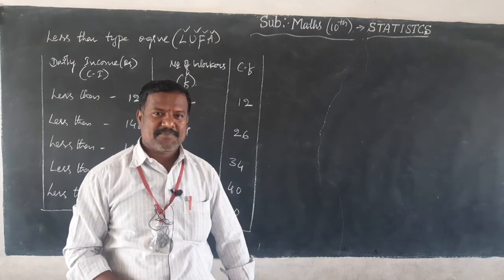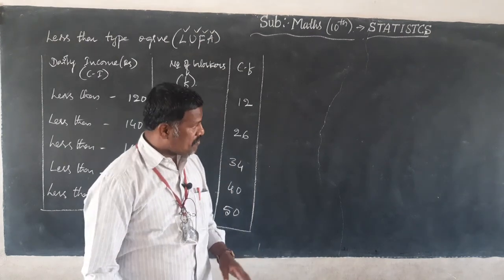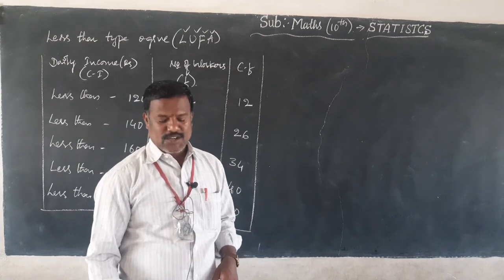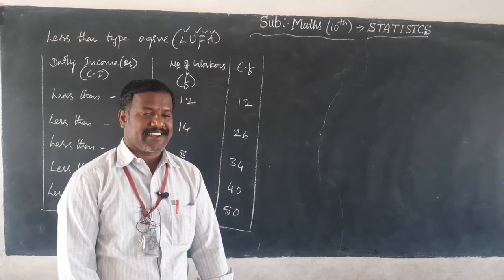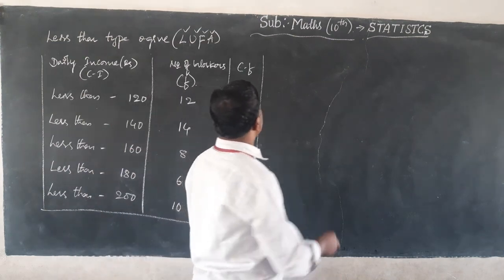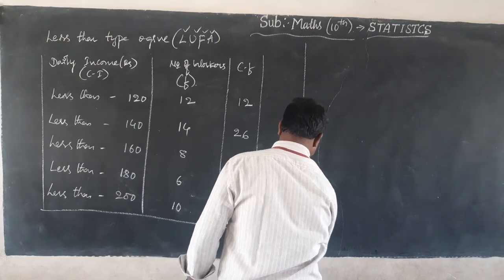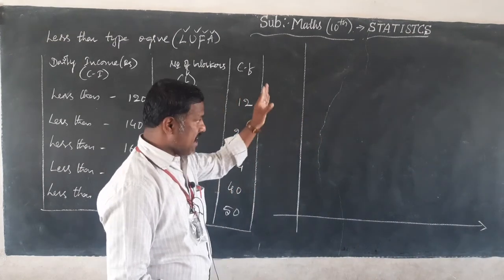Understand, children? Now take out your graph sheets. Please watch the video completely, then go for drawing the less than type Ogive on a graph sheet. We should first take the x-axis line and y-axis line.